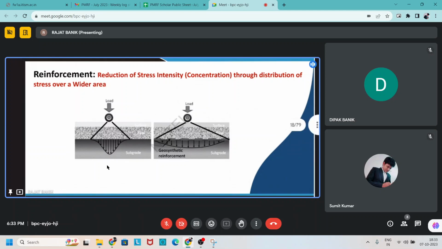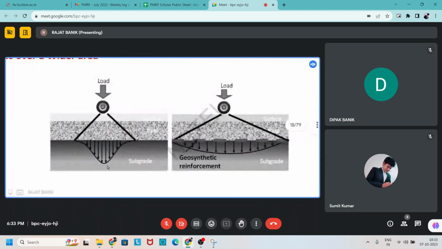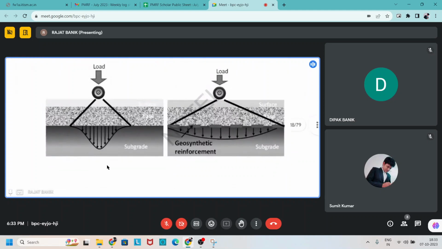You can see in the figure that without geosynthetic material as a reinforcement, the load is concentrated in one place. But when we apply the geosynthetic material as a reinforcement, it distributes the load over a wide area.